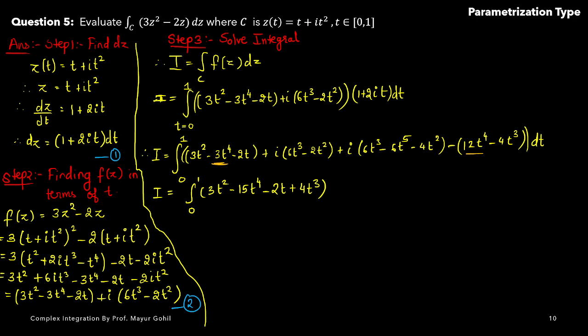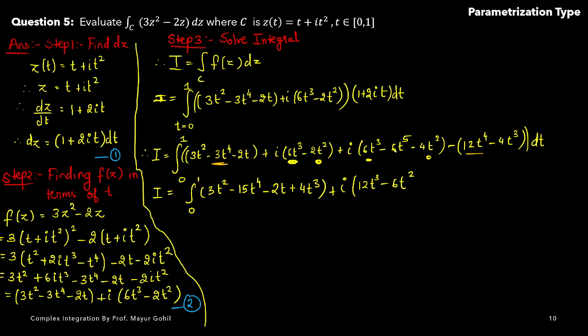Now with the imaginary part there is some more simplification possible. So this 6t cube and this 6t cube together will add up to 12t cube. Minus of this 2t square and minus of 4t square will give me minus of 6t square. Then there is only this term left, so this is gone and this term is merged together.